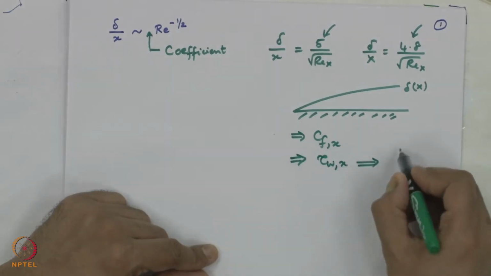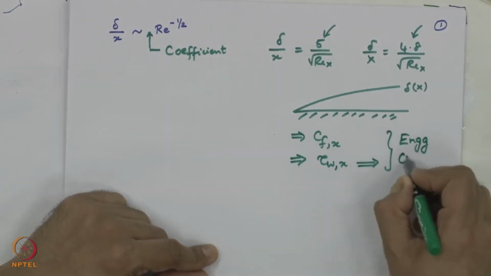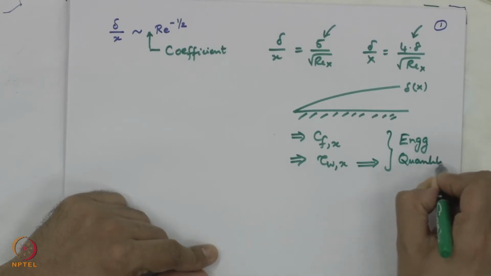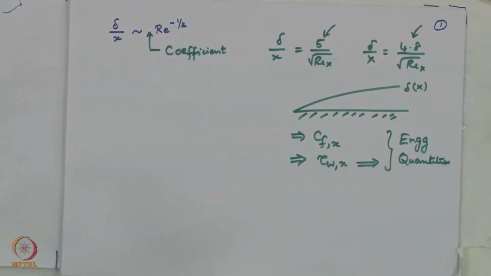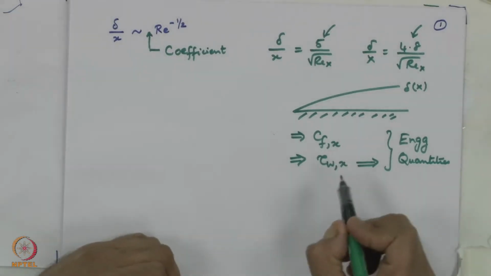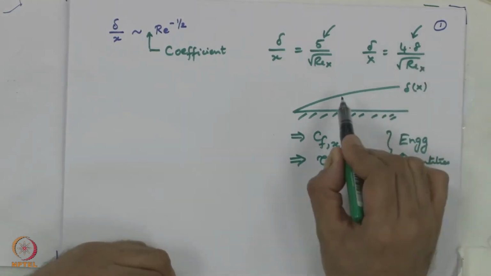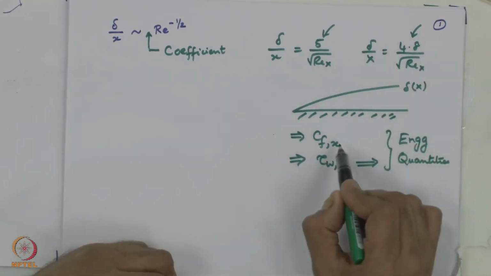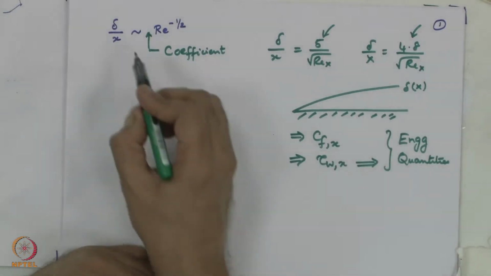These are all quantities which we require in engineering applications. Though we say that delta may not be of great use, Cfx and tau wall of x are quantities which are important from an engineering point of view.